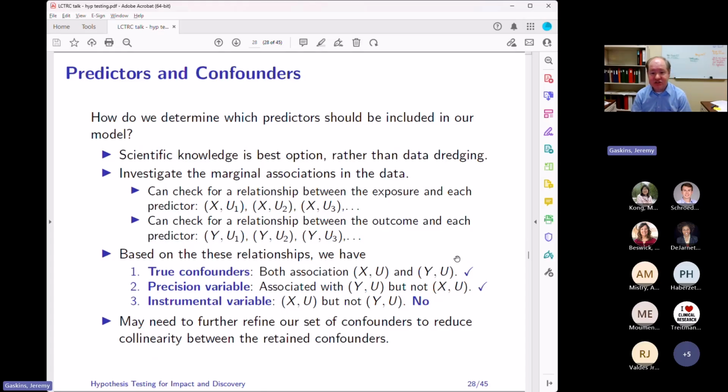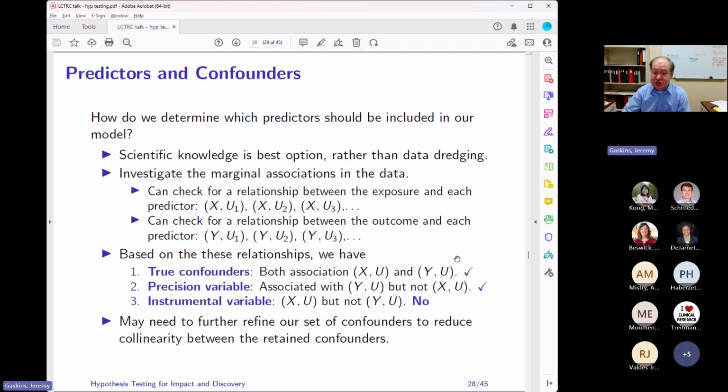Now, if I have a hard time making that choice, it is still common to look at the marginal relationships between our exposure and each of these predictor variables, and between our outcome variable and each of these predictors. One of those two is usually already in our table 1, and the other may also already be a table in our set of results.